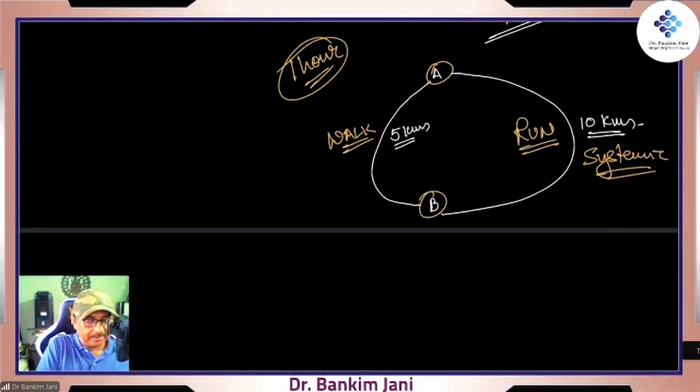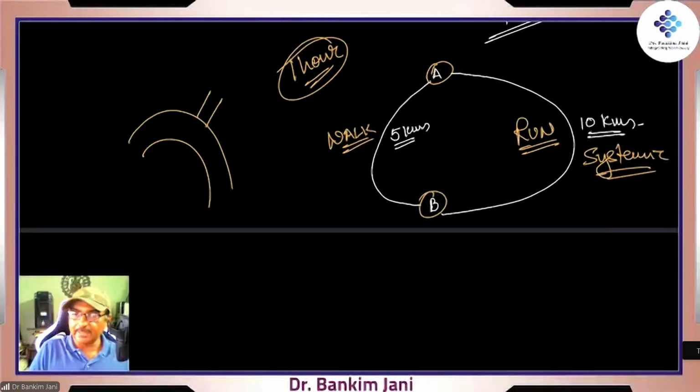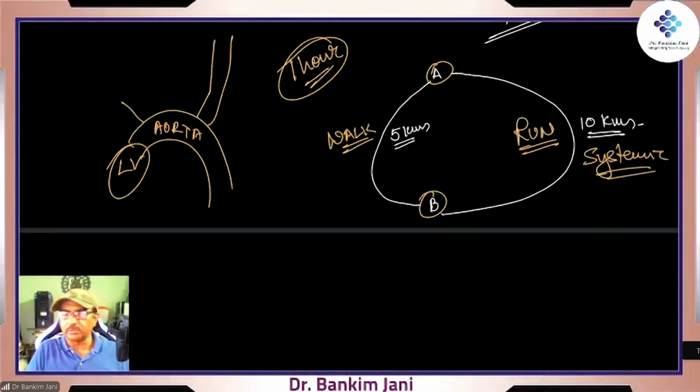Because the carotid is coming out of this arch. It is the common carotid, and then it gets divided. This is the left common carotid, and over here, the right common carotid. But they are in direct touch with the aorta, and the aorta is in direct touch with the left ventricle. So the pressure transmitted is immediate. That is when we get that powerful pulse.